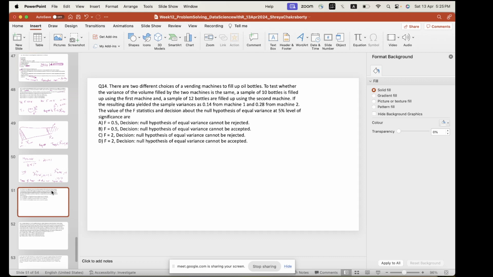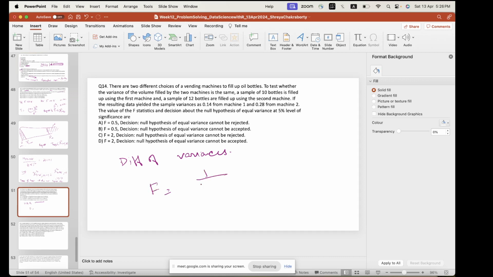the F statistic. Okay, so here we are testing for difference of variances. So then F would be how much?